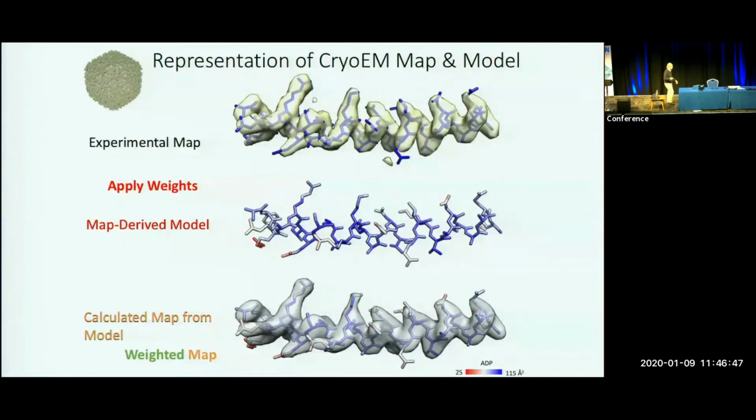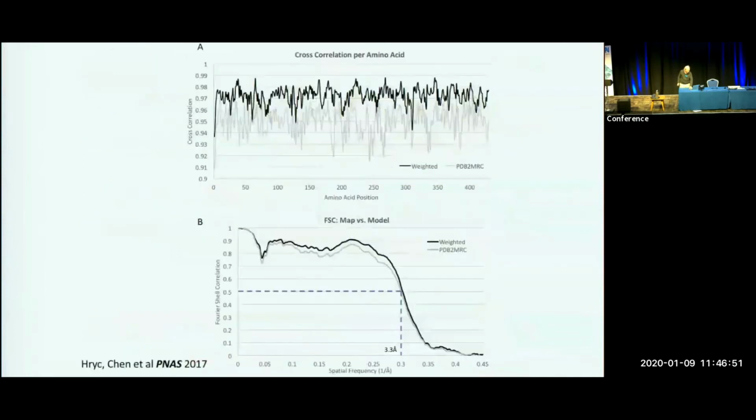Now, with this proper weighting with the atomic displacement parameter, we can compute the correlation at each residue level. So this is the correlation between the computed density and the original density at each residue number. You can see the dark curve represents a correlation that is on average better than 0.95.